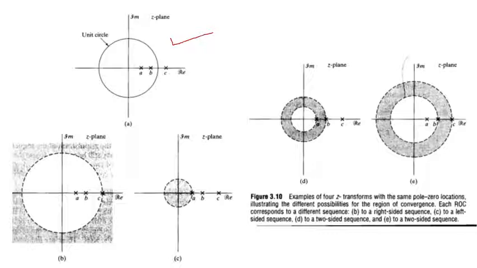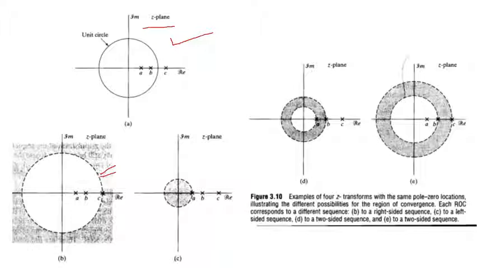Our goal is to find all possible regions of convergence. If this pole-zero plot comes from a right-sided signal, the region of convergence will be z mod greater than c, so I can take all the values greater than c.